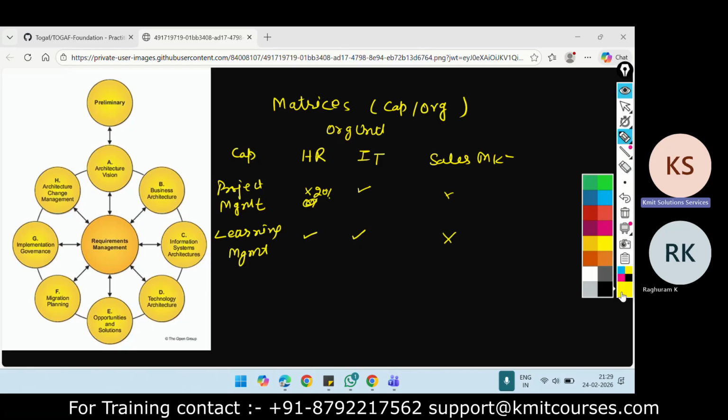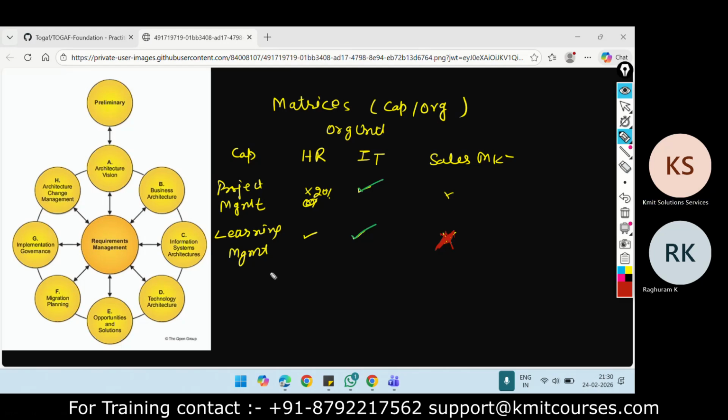For example, if you say green here, it means it is 100% required. And for sales, if it is red, it means it is not at all related to the sales part, learning management. So this is how we can represent an artifact in the form of a matrix.